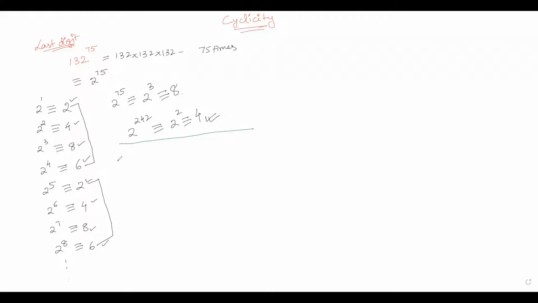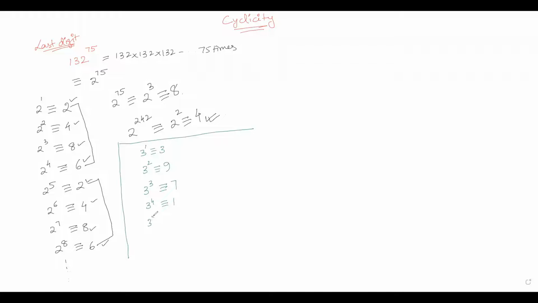In a similar way, if we go for the higher powers of 3, we will notice that it also follows a cyclicity of 4. Let us see how. 3 raised to power 1 will give us the unit digit as 3. 3 raised to power 2 will give us a unit digit of 9. 3 raised to power 3 will give us a unit digit of 7. 3 raised to power 4 will give us a unit digit of 1.